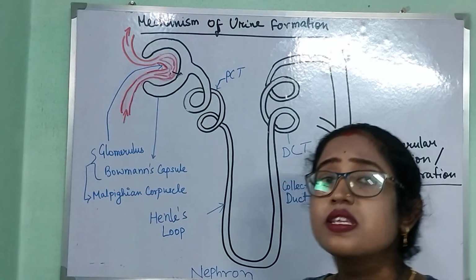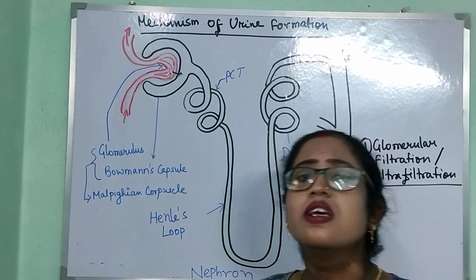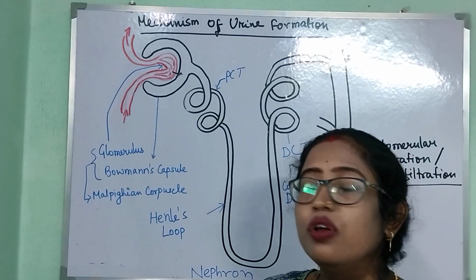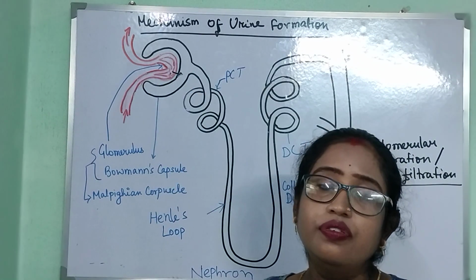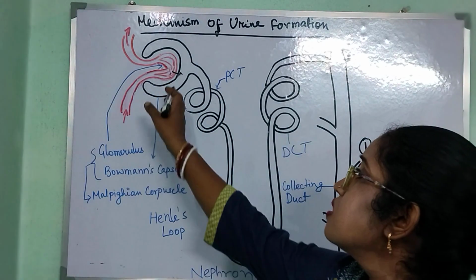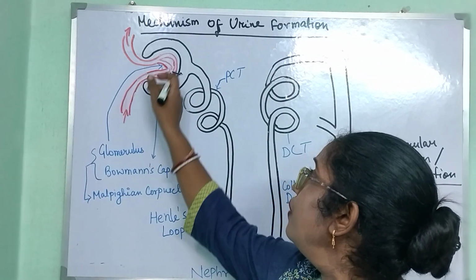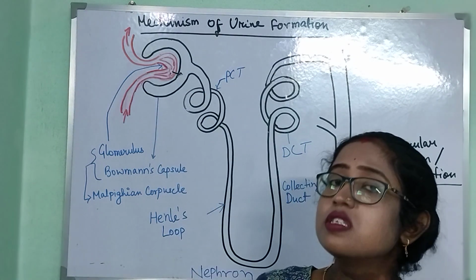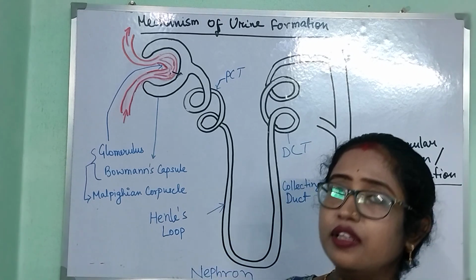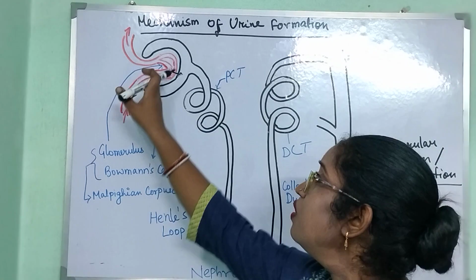The remaining portion is very thick: blood corpuscles, which are slightly larger molecules, and larger protein molecules cannot pass from the glomerulus to the Bowman's capsule, because the pores present in the glomerular membrane cells and the Bowman's capsule membrane cells are very small. So blood corpuscles and heavy proteins cannot pass out.